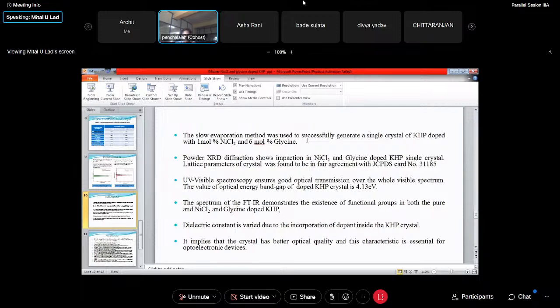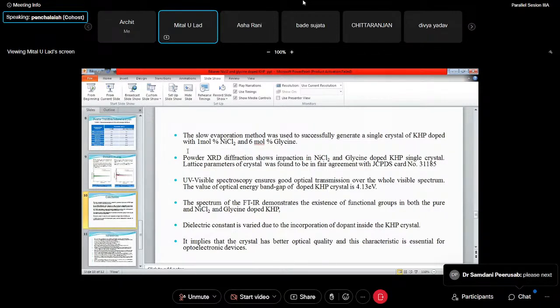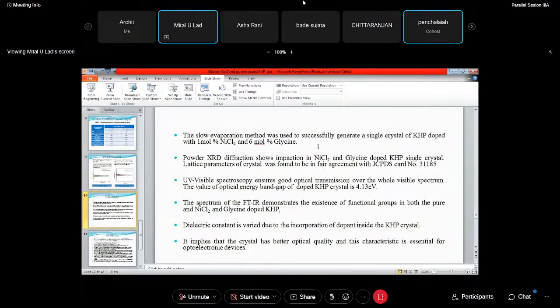The slow evaporation method was used to generate a single crystal with 1 mole% NiCl2 and 6 mole% glycine. Powder XRD diffraction shows incorporation in doped KHP. Lattice parameters were found to be in fair agreement with the JCPDS card number. UV visible spectrum ensures good optical transmission over the whole visible spectrum.